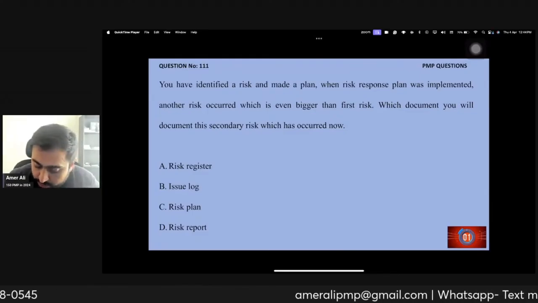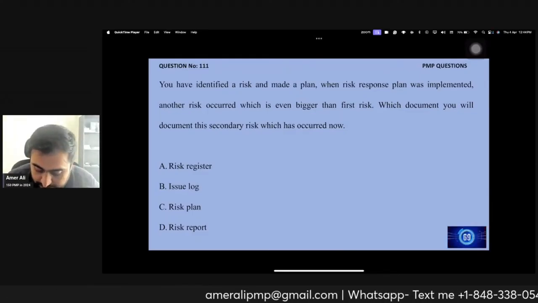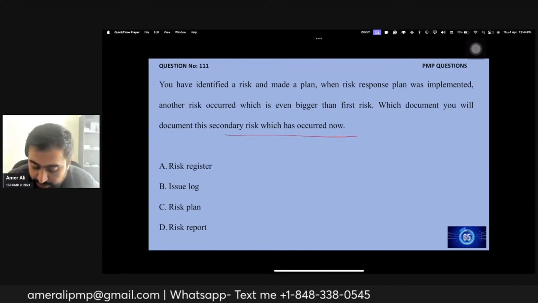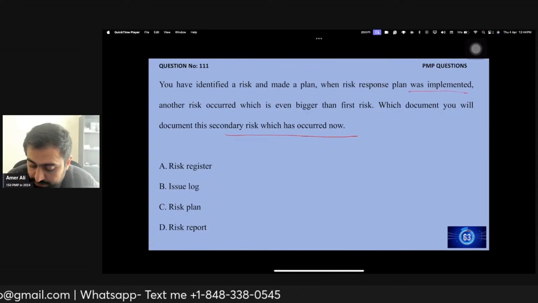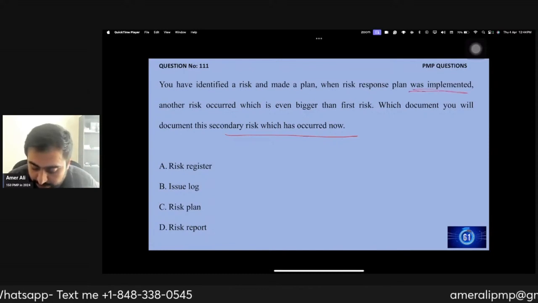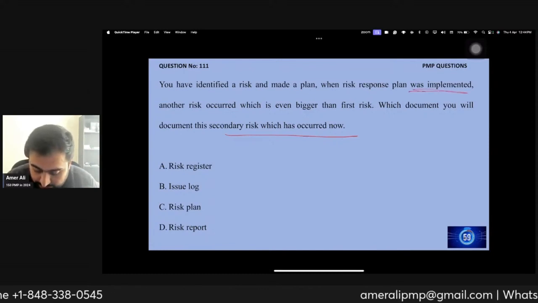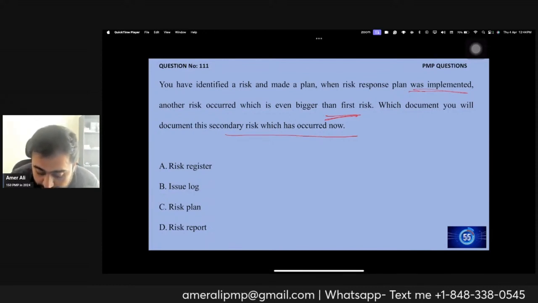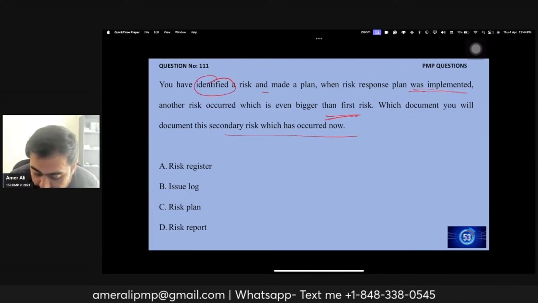Which document will you use for the secondary risk which has occurred now? You have identified a risk and made a plan.